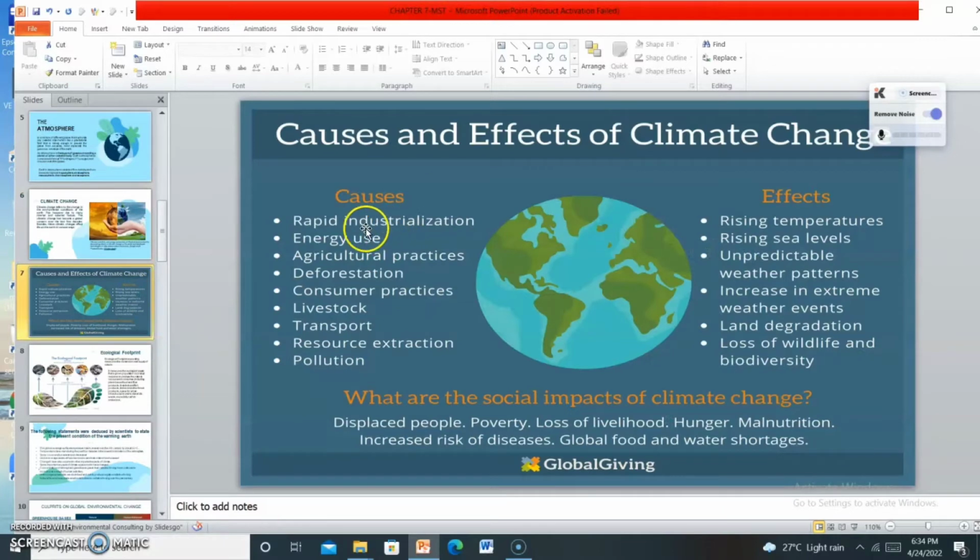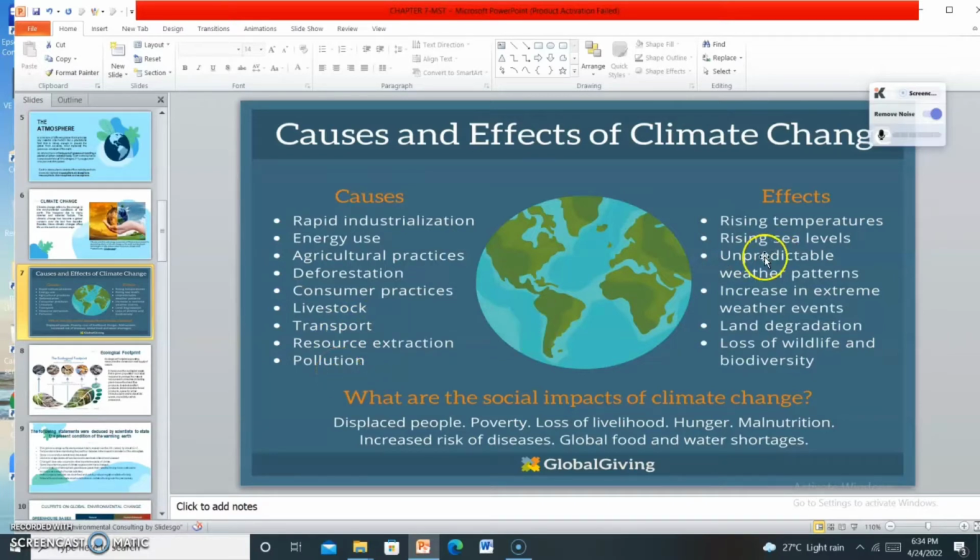The causes of climate change are rapid industrialization, energy use, agricultural practices, deforestation, consumer practices, livestock, transportation, resource extraction, and pollution.